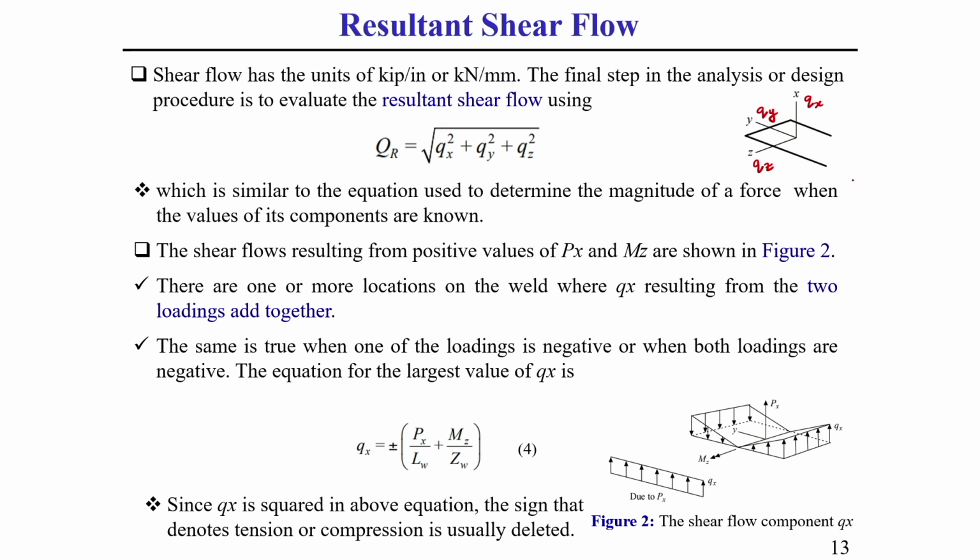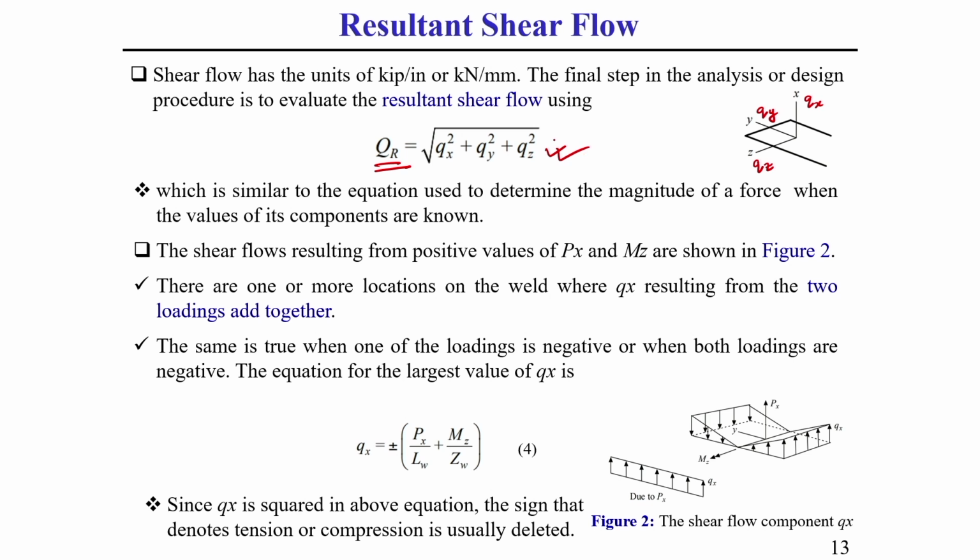Based on the shear flow in three directions, we need to find the resultant shear flow. We can find it by vector addition: q r is equal to the square root of q x square plus q y square plus q z square.